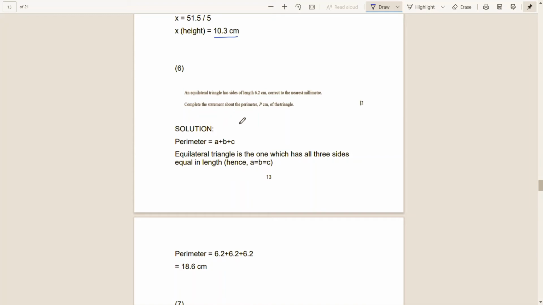Question number 6. An equilateral triangle has sides of length 6.2 centimeter, correct to the nearest millimeter. Complete the statement about the perimeter p centimeter of the triangle. Now what's the perimeter of a triangle? We know it's a plus b plus c, the sum of all three sides. But here it's equilateral. What's equilateral?